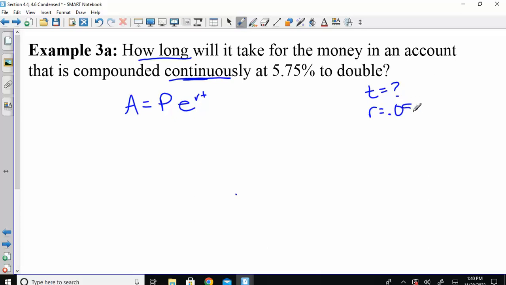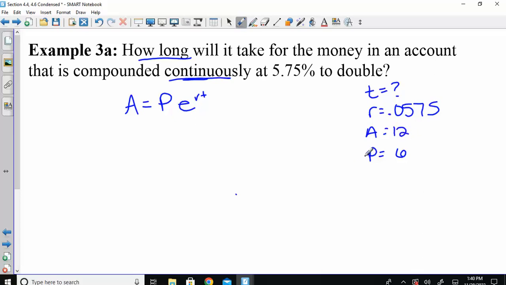So my rate is 0.0575. Did I give you A and P? No, but I said it doubled. So give me a number. 6 was the loudest number I heard. All right, so if we start with 6, if we double it, what would we end with?